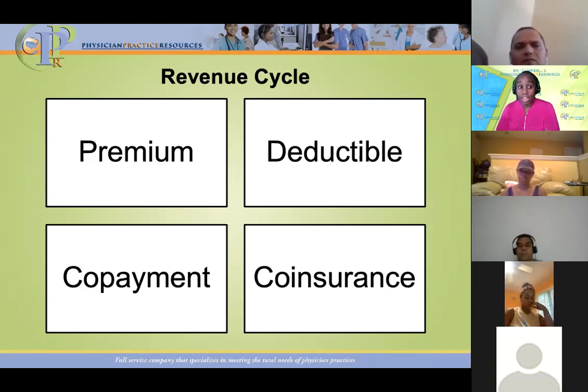And so that was my co-insurance. So if you can visualize this, co-payment is a small fixed amount, whereas co-insurance is a percentage. Okay. Make sense?